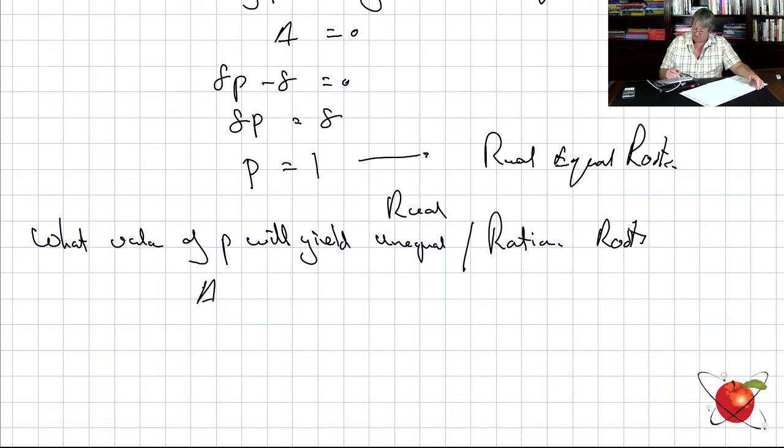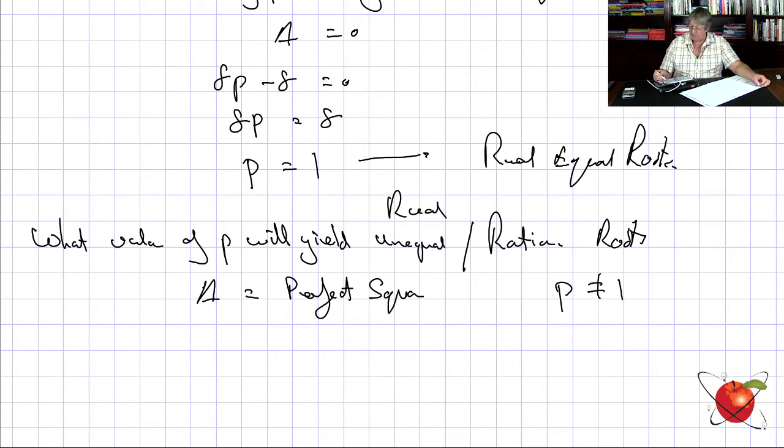It tells me delta must be a perfect square. And if delta is a perfect square, and they tell me in this case p is not equal to 1, therefore delta must be equal to, the next perfect square is 4, isn't it?